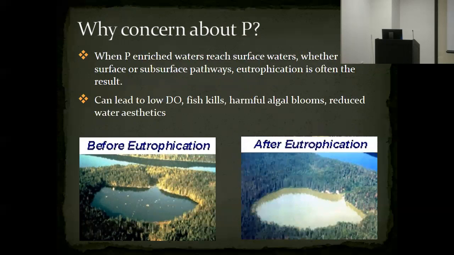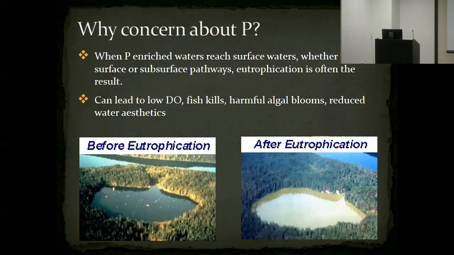And it's worth pointing out that we're oftentimes focusing on the surface pathways, but also subsurface pathways. We know that historically we've always thought phosphorus isn't moving in the subsurface. It gets absorbed, it's not an issue. But we know now that that's not necessarily the case, depending on the soils. And also, what's becoming more common here in Kentucky and elsewhere are tile drain fields.